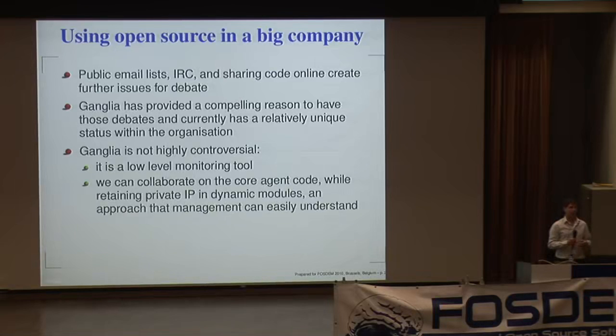So if we have a need to develop a metric that uses proprietary code, we can do that, and that code can be separated using the module interface. So if we want to share parts of the common agent code, as long as that module interface is stable, then we can separate those things very easily.